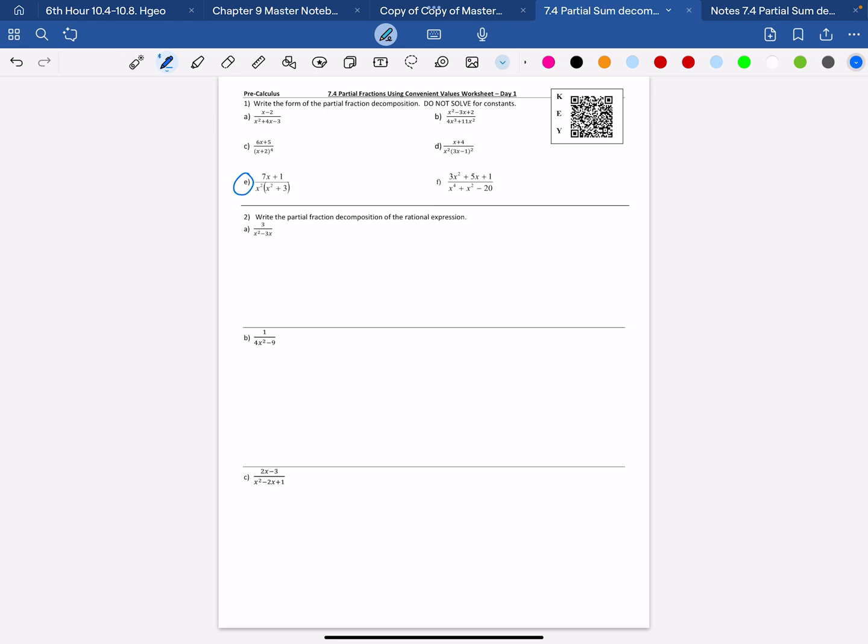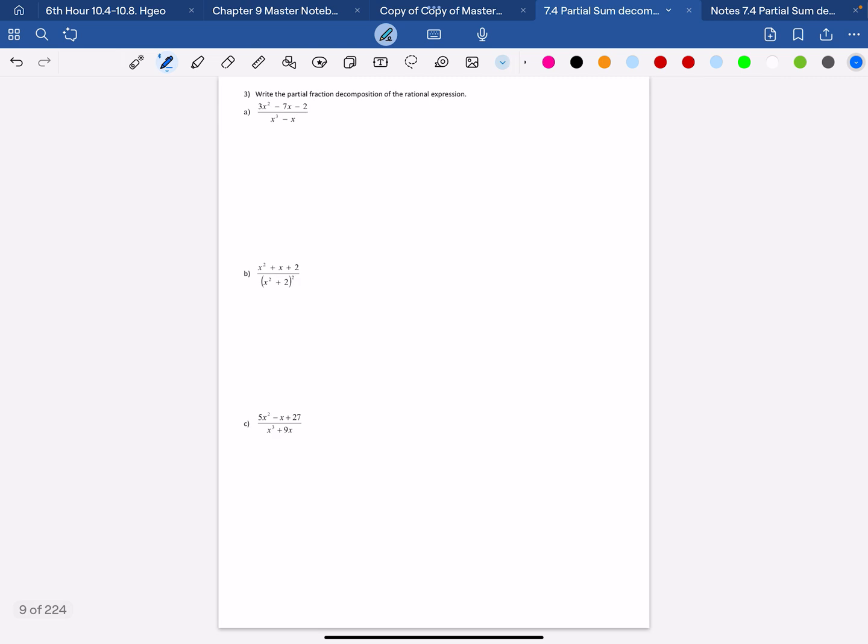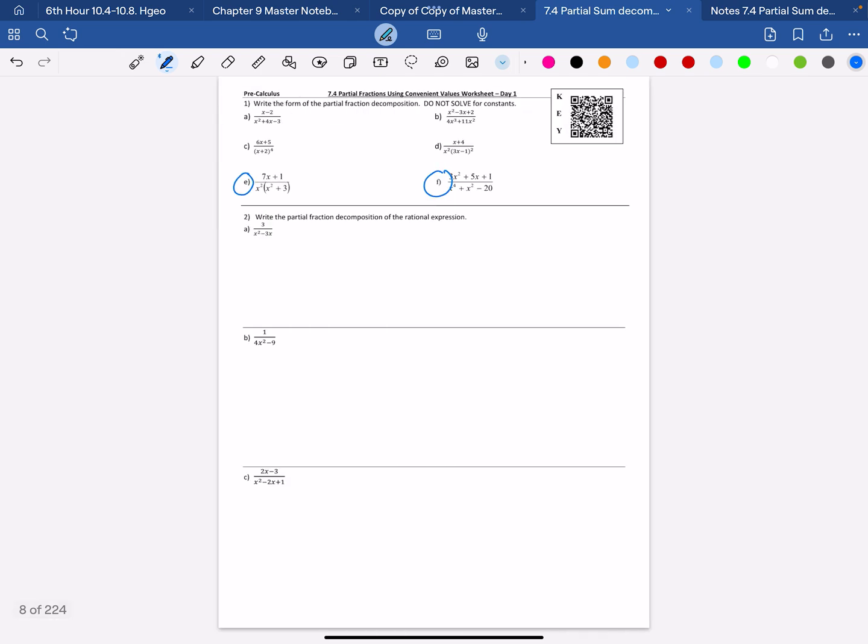I want you to skip F. You should be able to do everything on this page except those 2. And then I want you to skip this B and this C, but you should do this now. So don't watch the other video until you have perfected all of the ones that I didn't circle.